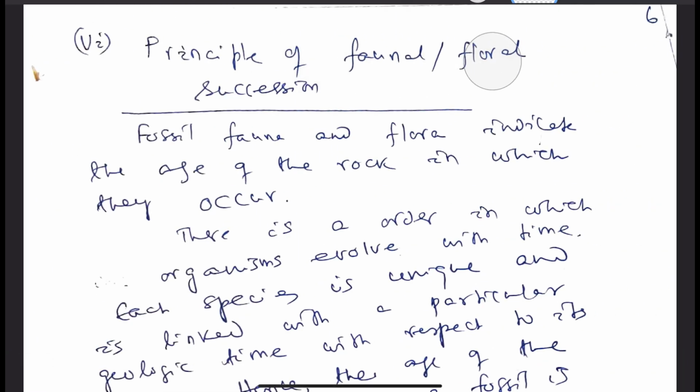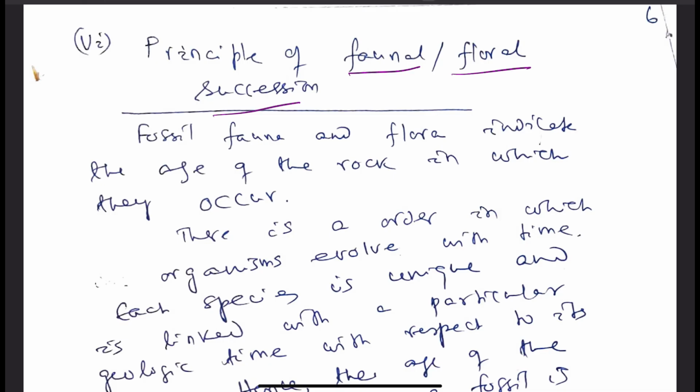Then the principle of faunal or floral succession. We have the fauna and flora that thrive on the upper layers of the earth crust, and their age is equal to the age of the sedimentary formations that contain them.